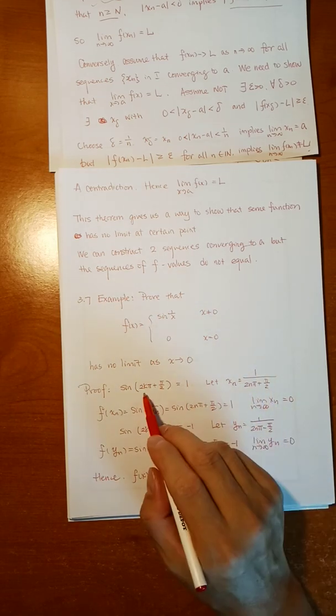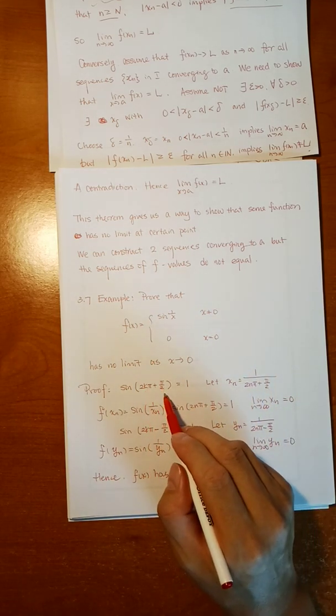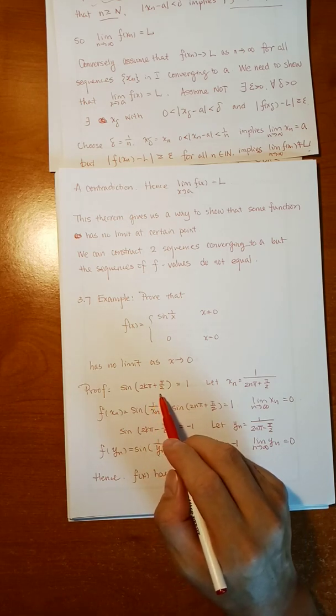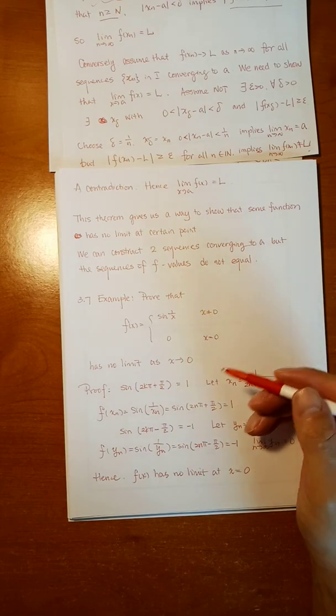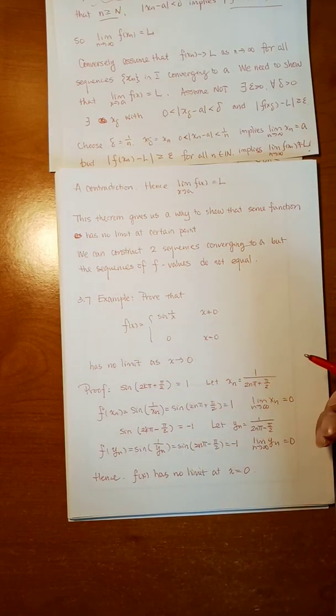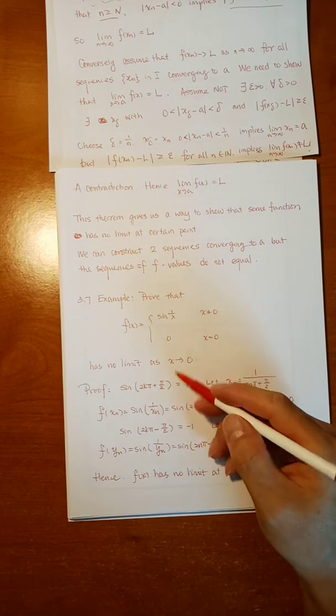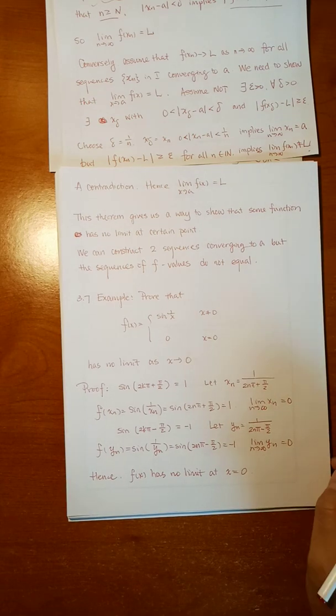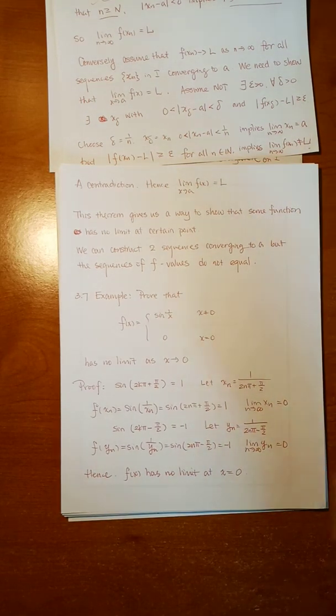You can choose 2kπ + π/4, which gives the square root of 2 over 2, or nπ, where sin(nπ) is 0, so you will get a sequence of 0. Actually, there are so many different values. For different sequences you have different values, so this function does not have a limit.